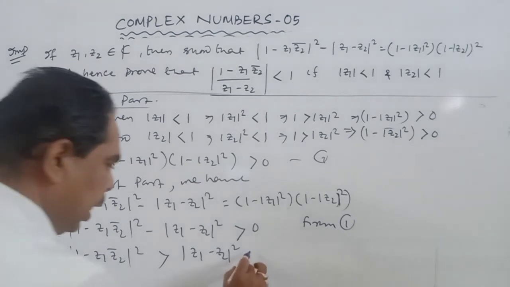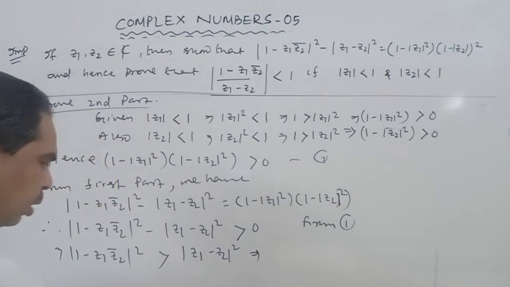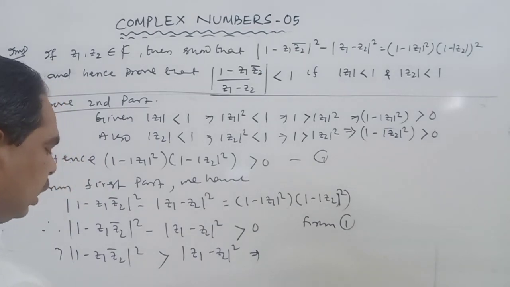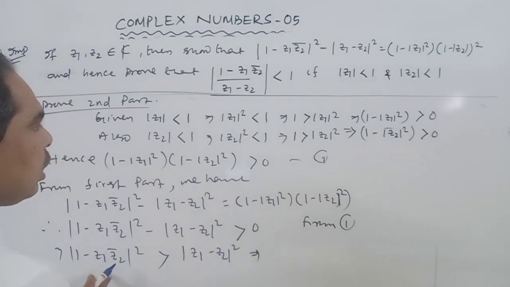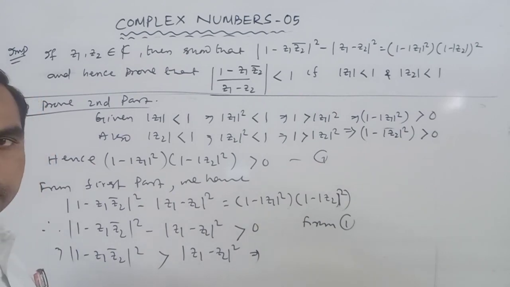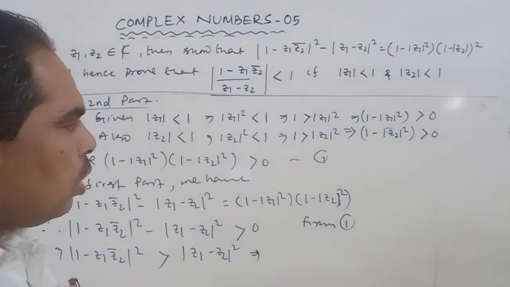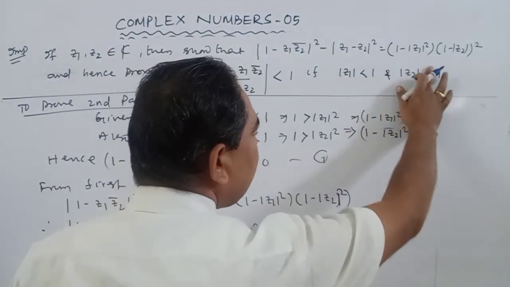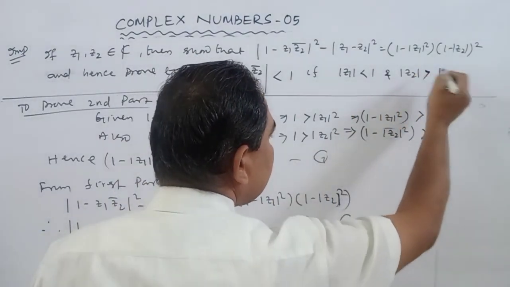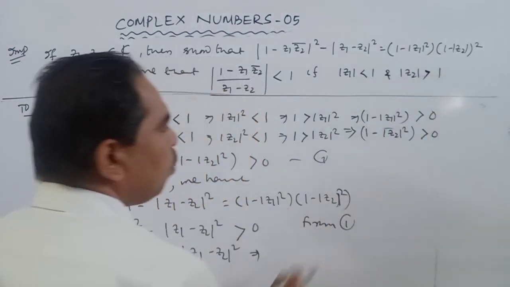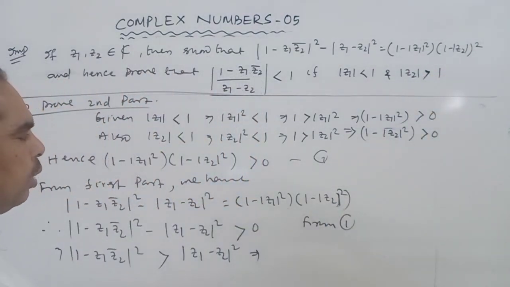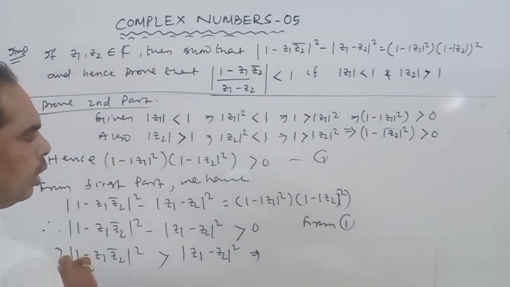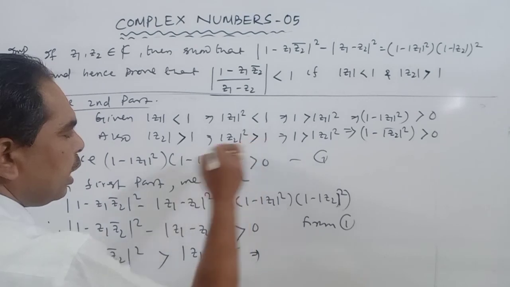So now, this is mod of z2, which is not less than 1; this is greater than 1, given. Mod of z2 is greater than 1. Okay. So here also mod of z2 is greater than 1, so mod of z2 square is greater than 1.